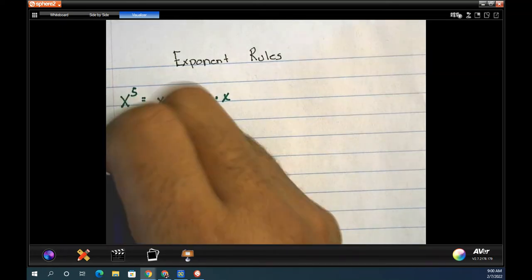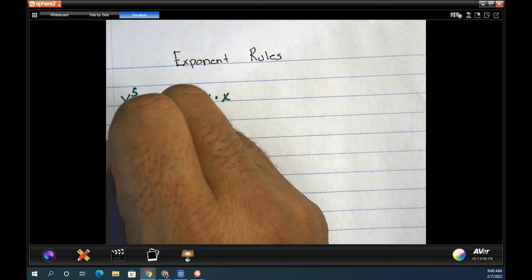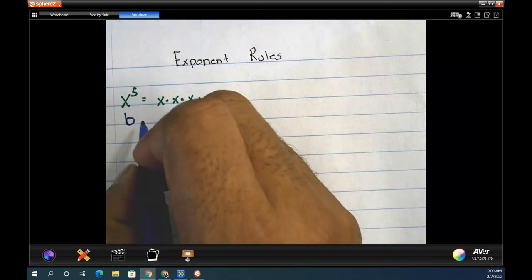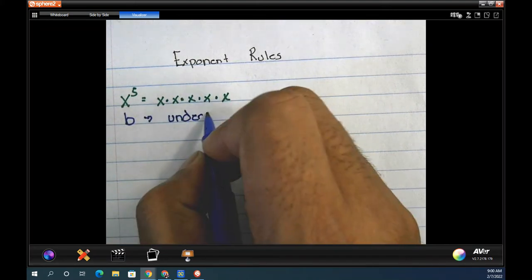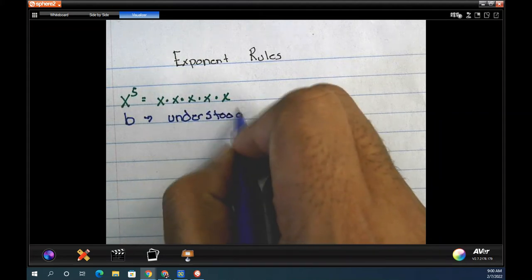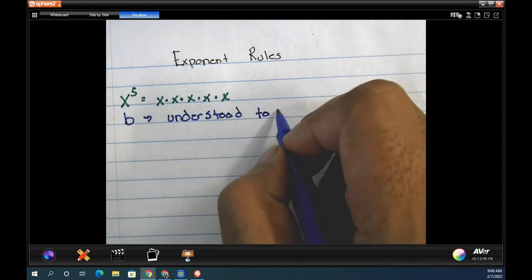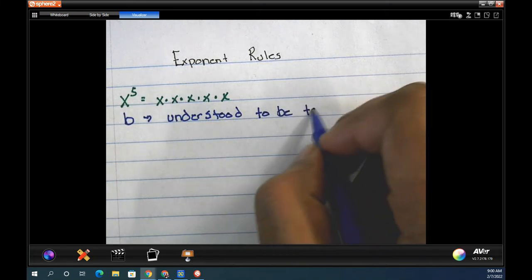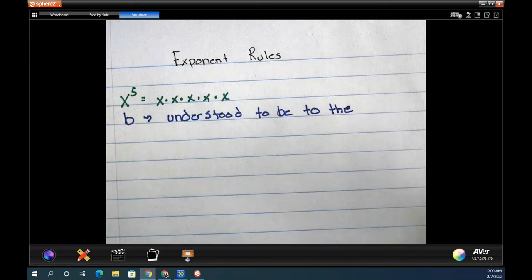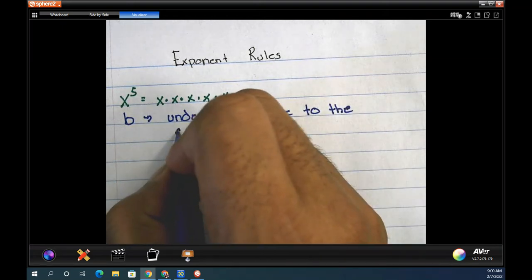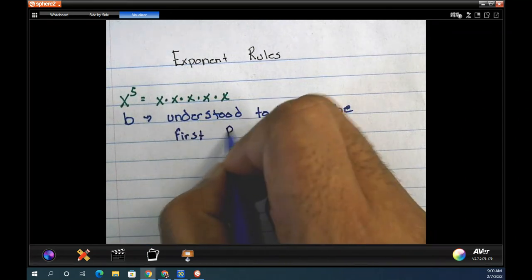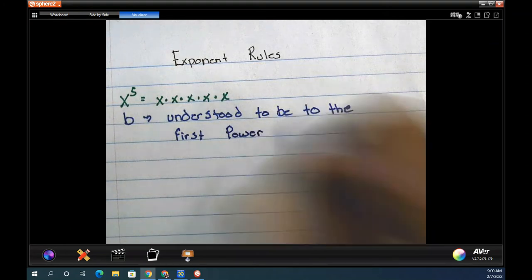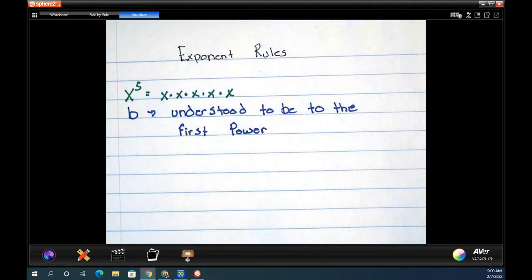If we just get something like b, it is understood to be to the first power. So if no exponent is given, then it's understood to be to the first power.